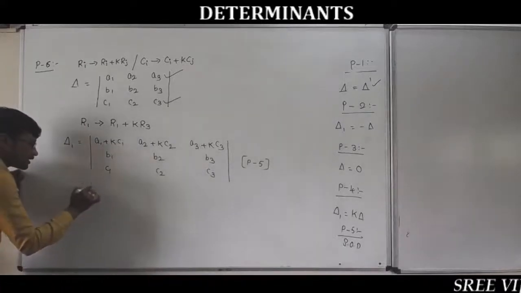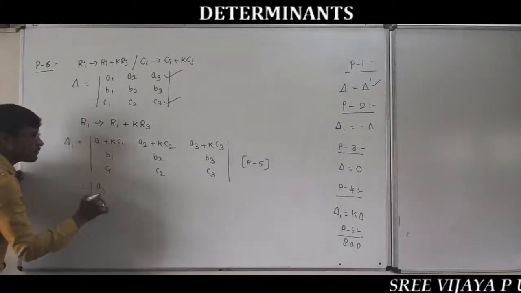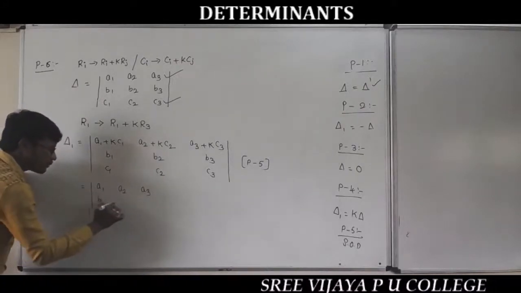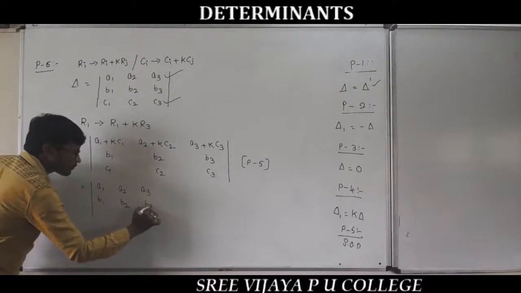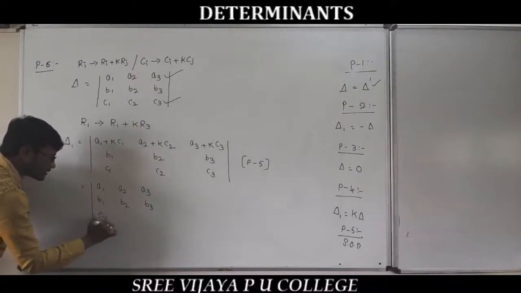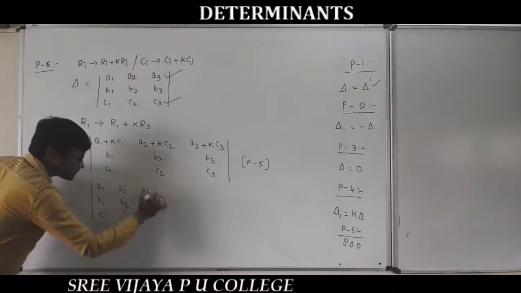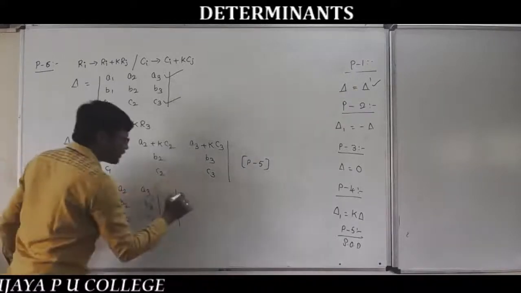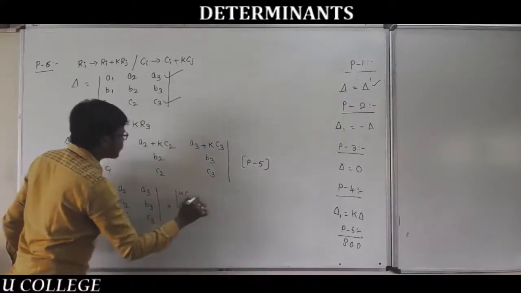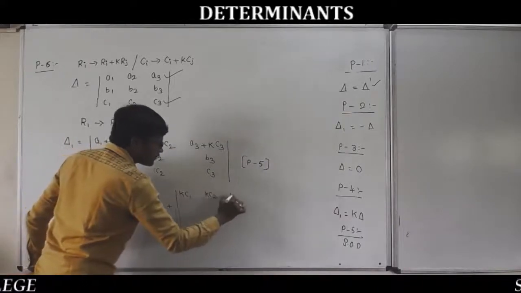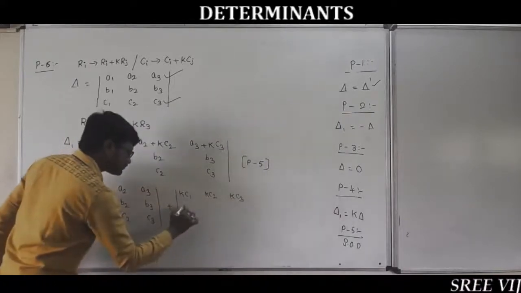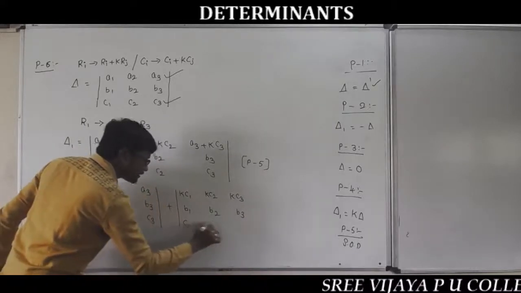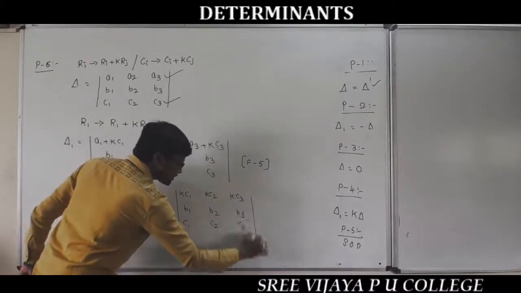So the determinant of A1, A2, A3, B1, B2, B3, C1, C2, C3 plus the second determinant, where you write the second elements kC1, kC2, kC3, B1, B2, B3, C1, C2, C3.